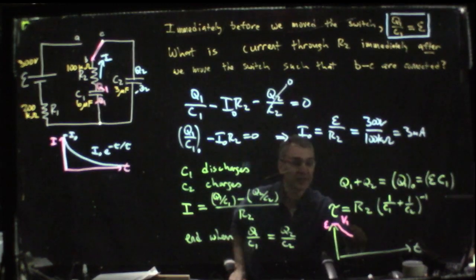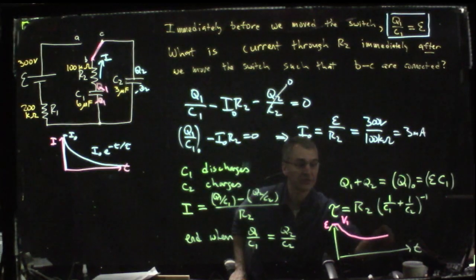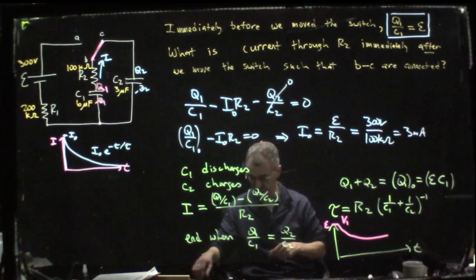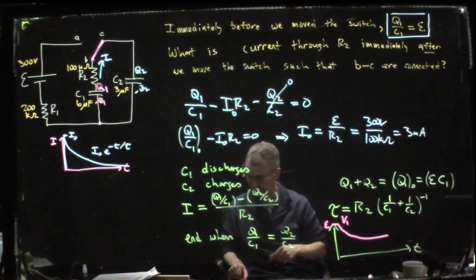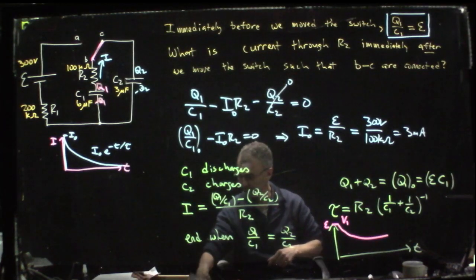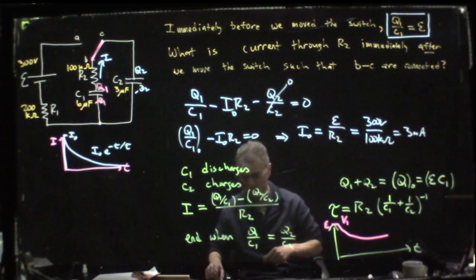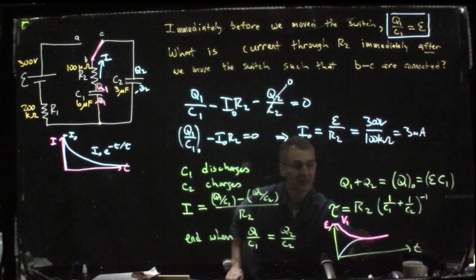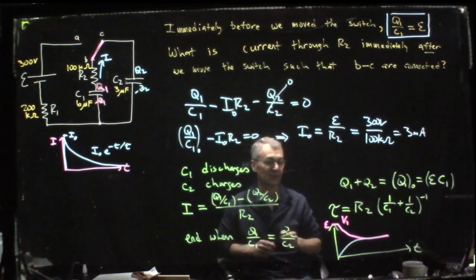Okay, we can work out where the endpoint is in voltage, but let's not worry about it. So then it decreases like that. And then the voltage on capacitor 2 does something like this. It starts out at 0, and then it asymptotes to this value.